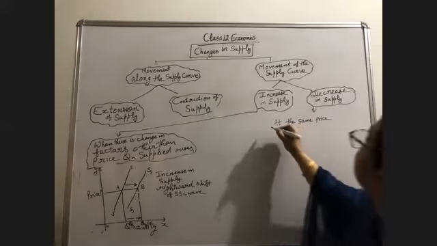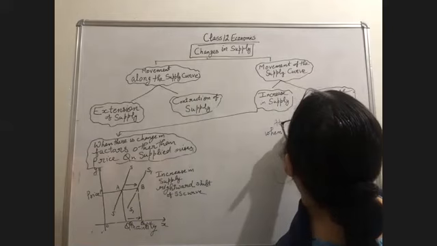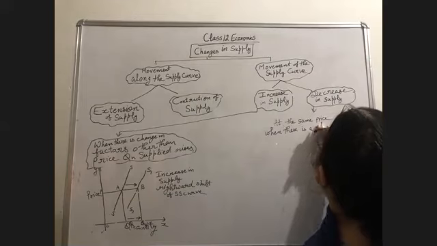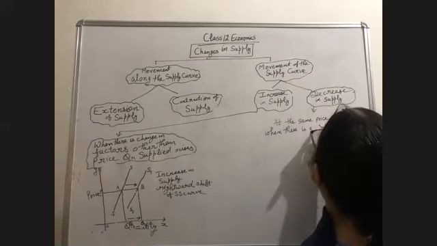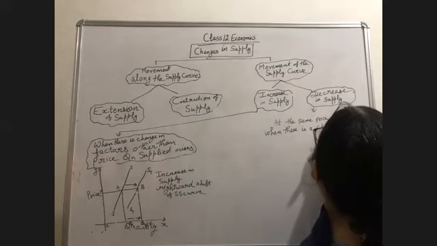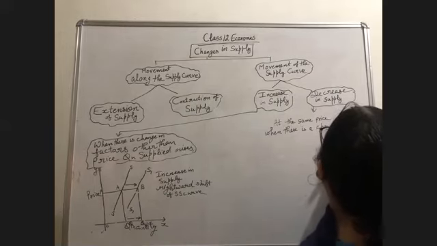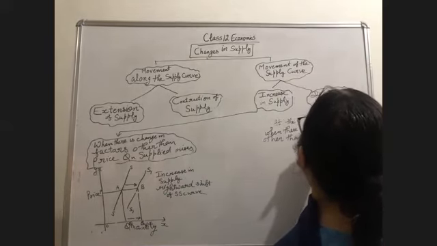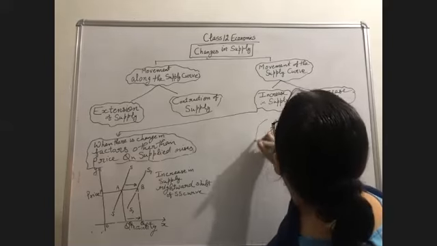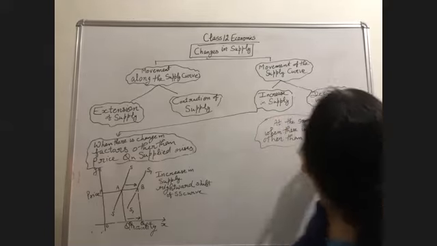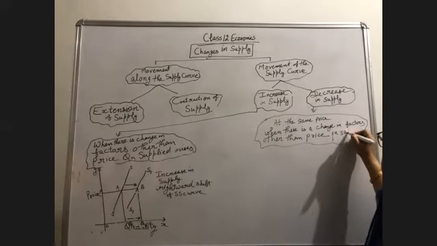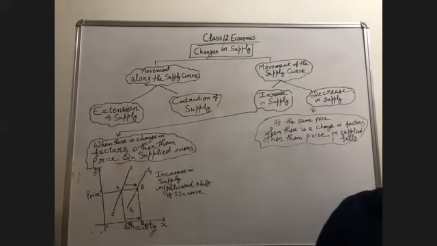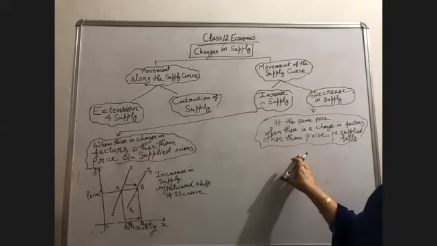At the same price, when there is a change in factors other than price, quantity supplied falls. The basic thing is that it is not due to a change in price.